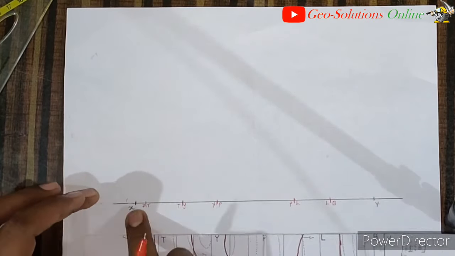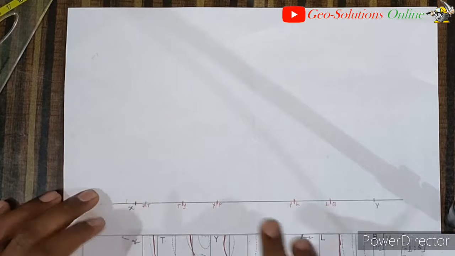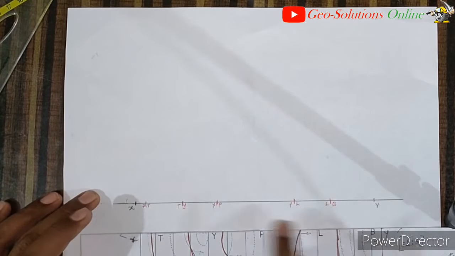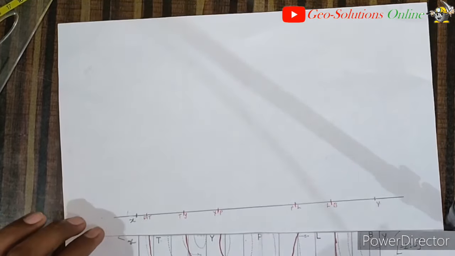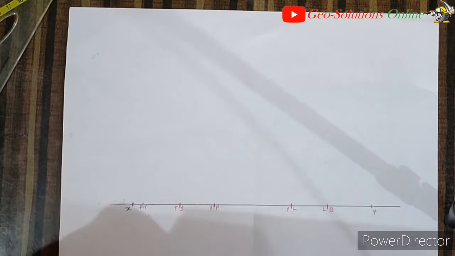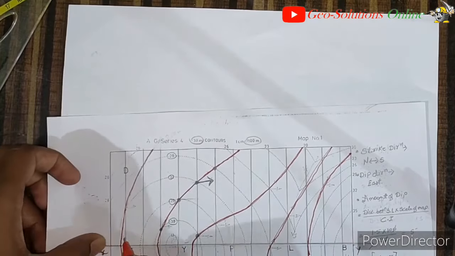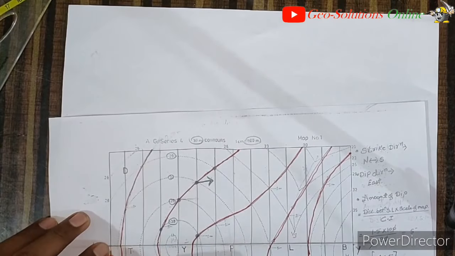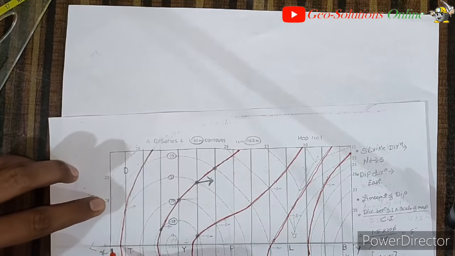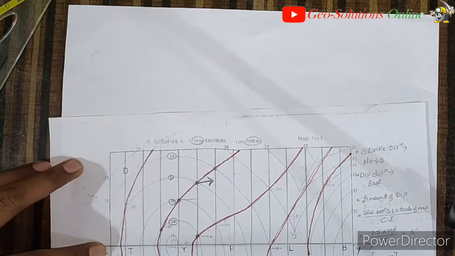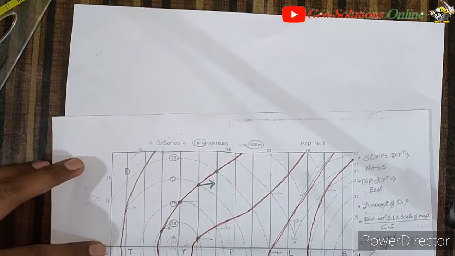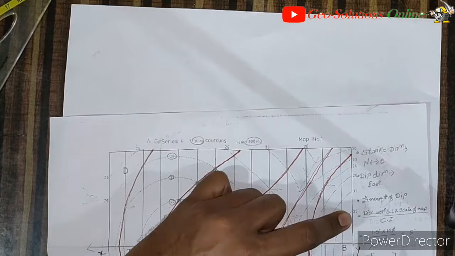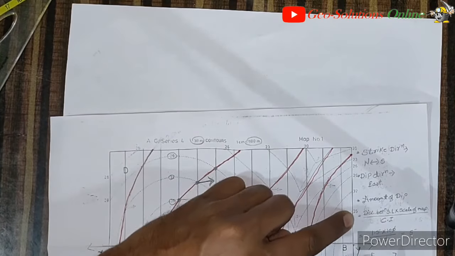So further we have to draw a vertical line on this axis line, at point X and point Y, as a reference line. So nearer to the X the contour is of 290 meter, and nearer to the Y the contour line is of 350 meter.